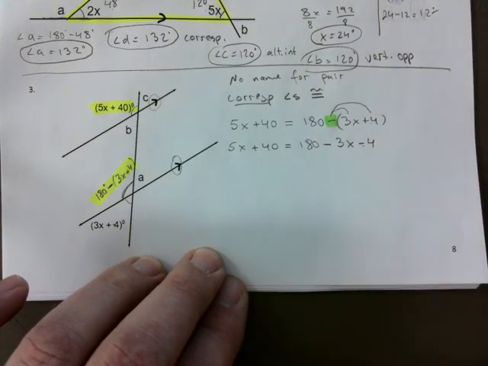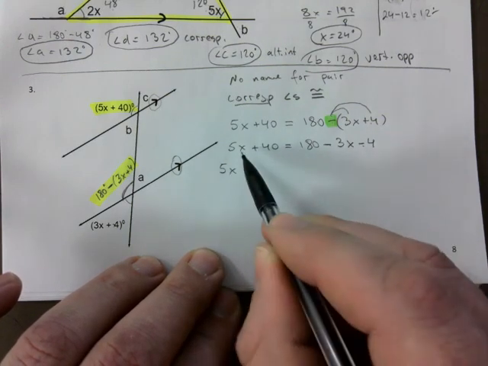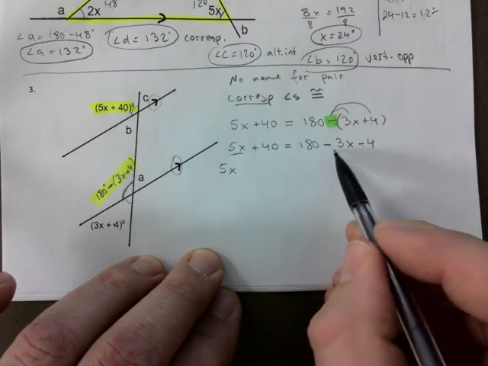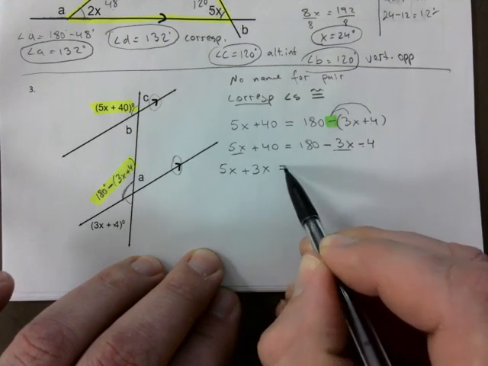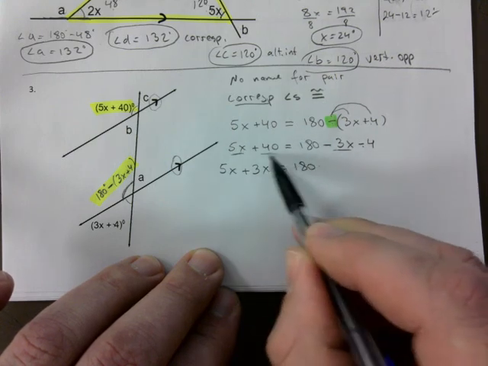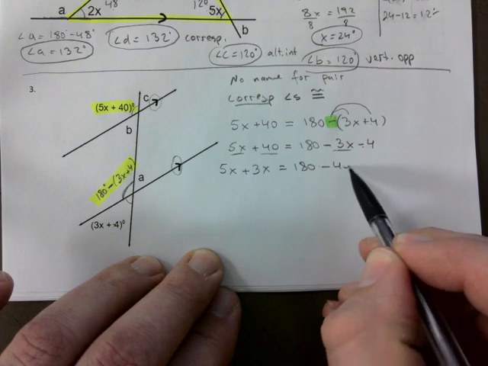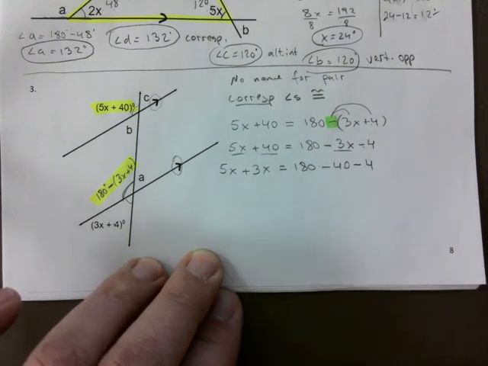Now you can bring stuff over as you like. So I'm going to bring all the x's over. 5x is already here. I'm going to bring this 3x over, adding. And I'm going to bring all the numbers. The 40 comes over subtracting. And the 4 was already there, so I'm just going to leave it there.